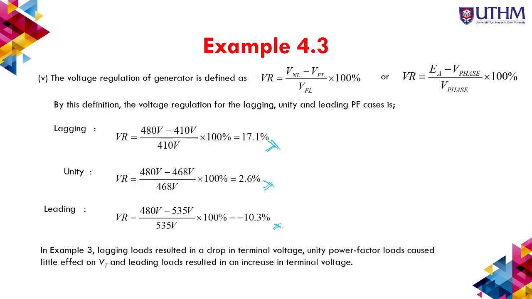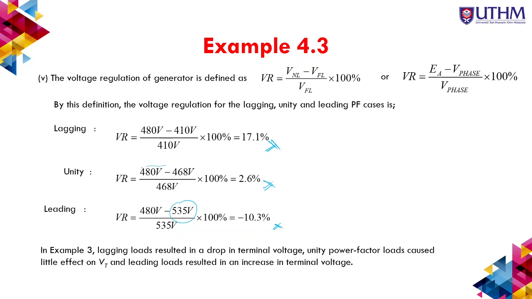So the value is negative, a large negative. In this example, the lagging load resulted in a drop in terminal voltage. Unity power load caused little effect on the VT, and the leading load resulted in an increase in terminal voltage.